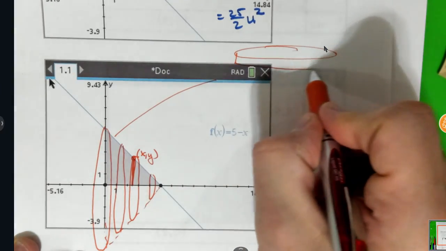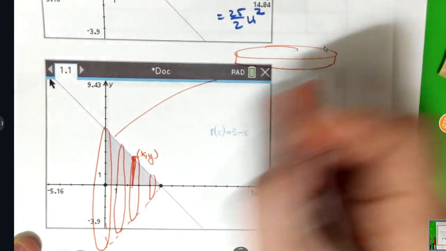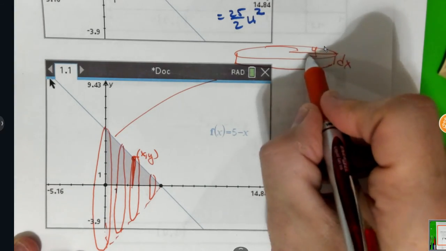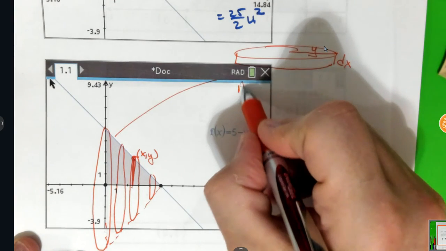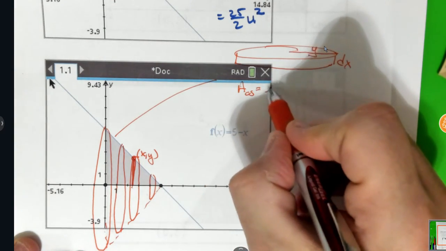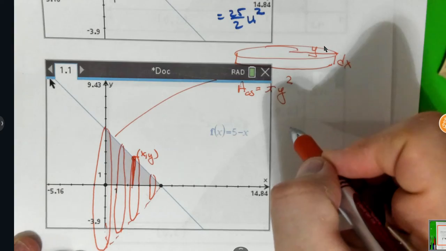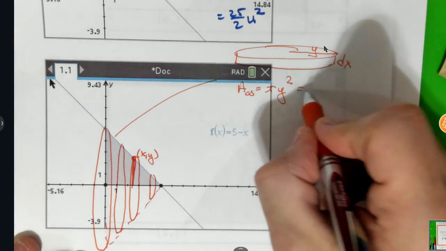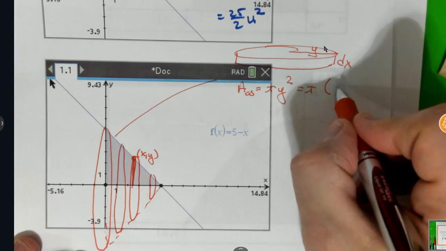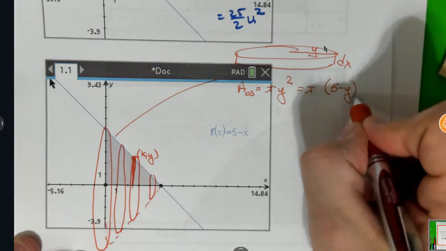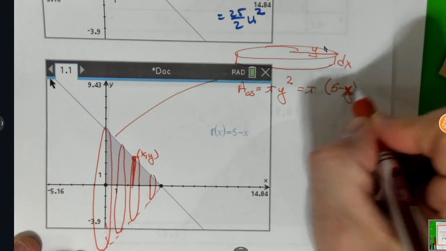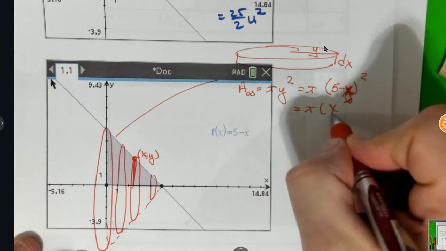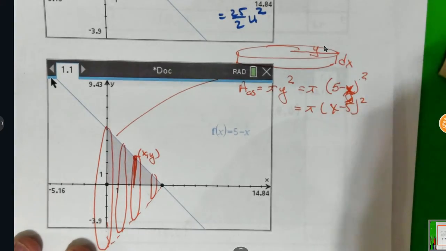I'm integrating in x, so the height is dx. The radius is y. So the area of this cross section is pi y squared. Which is pi, and since I'm integrating in x, not y squared, however, that's the same thing as pi times x minus 5 squared.